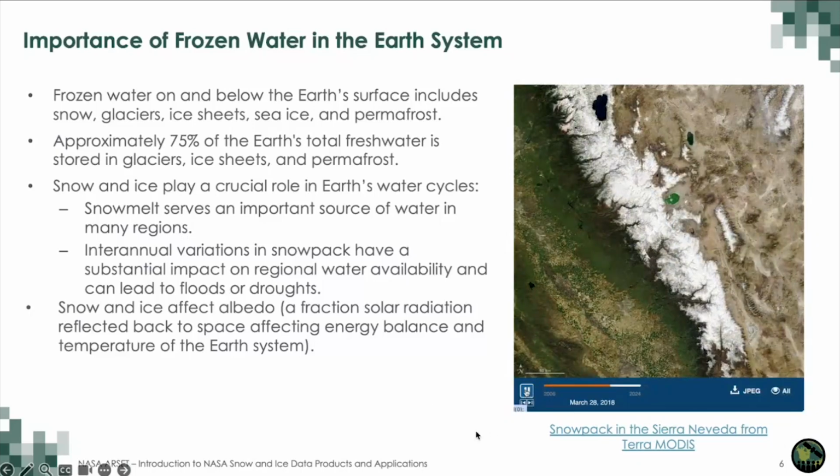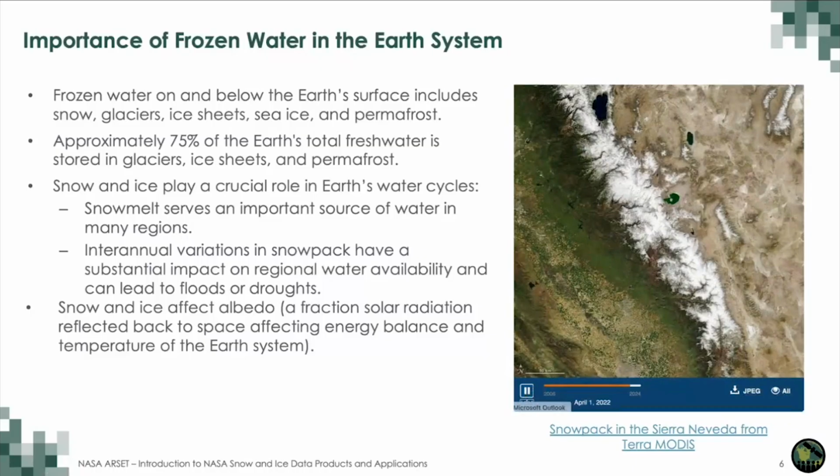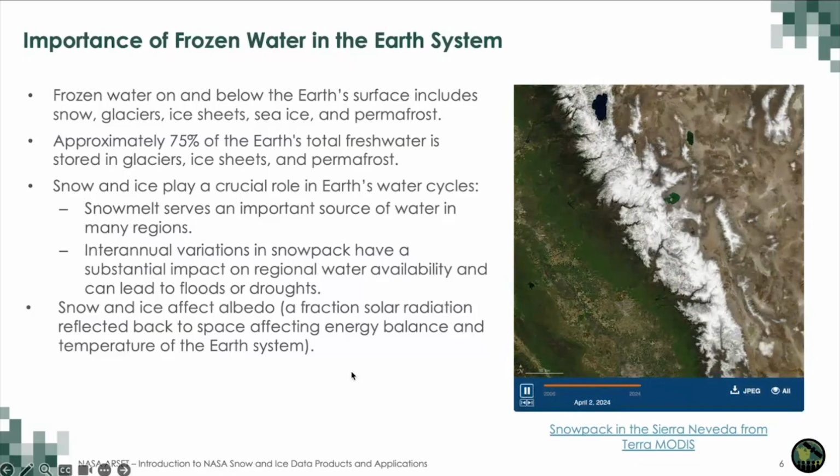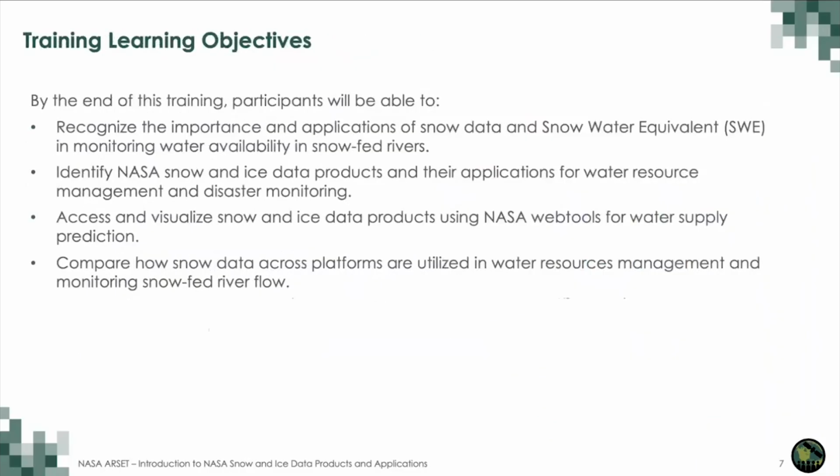And you can clearly see how the snowpack is changing over time here. Snow and ice also affect albedo, that is, the fraction of solar radiation reflected back to space, and that affects the energy balance of the entire system, and it can govern the temperature of the Earth system. So because of that, it's very important to study snow and ice products over the Earth.